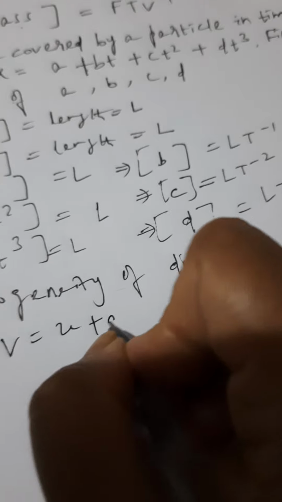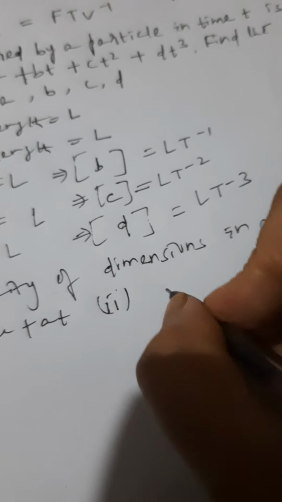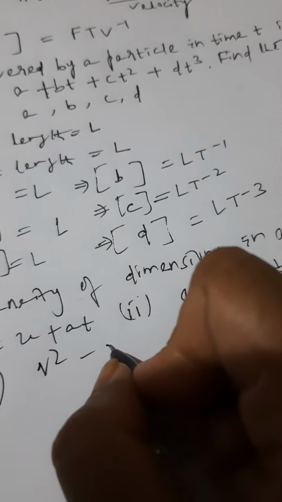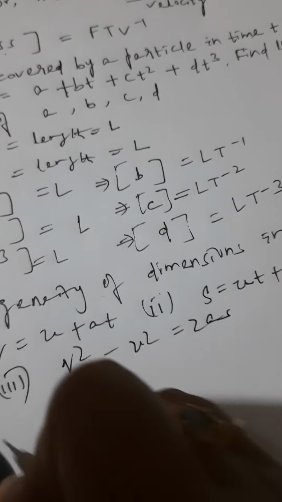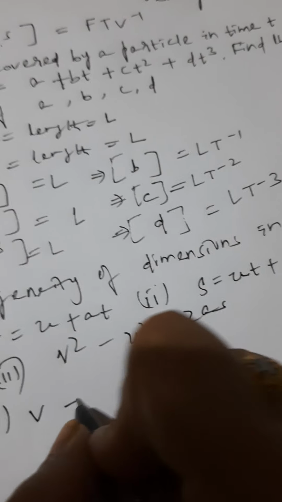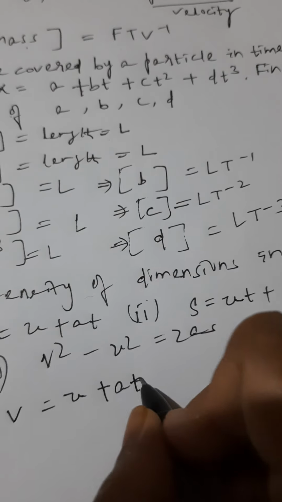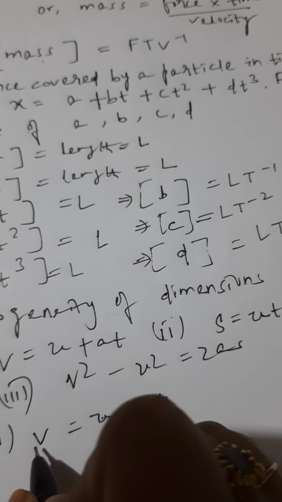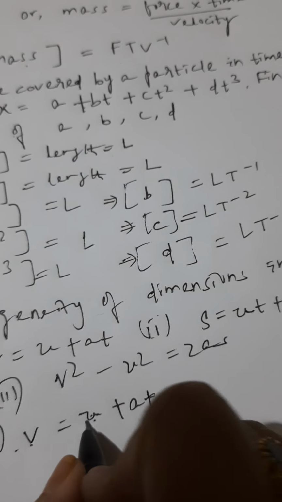v is equal to u plus at, s is equal to ut plus half at square, v square minus u square is equal to 2as. First we will see v is equal to u plus at. Here u is initial velocity, v is final velocity, both are velocities.